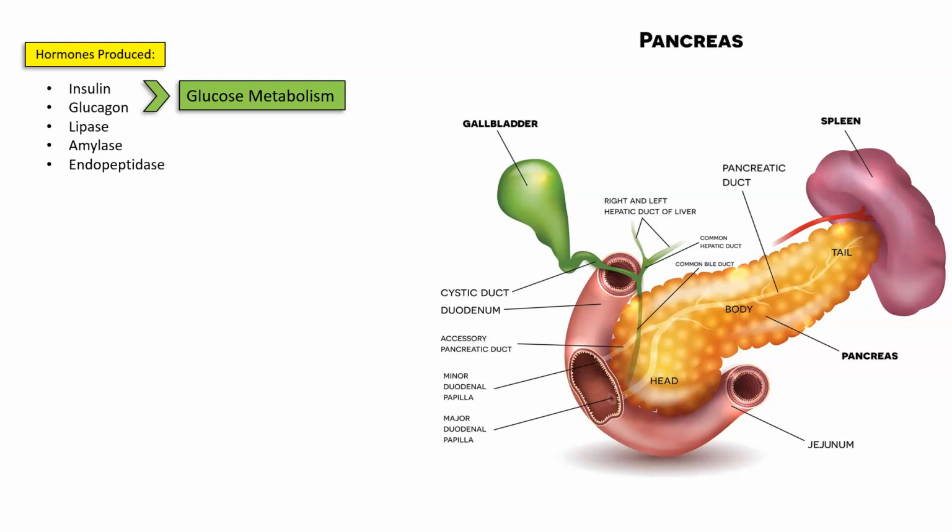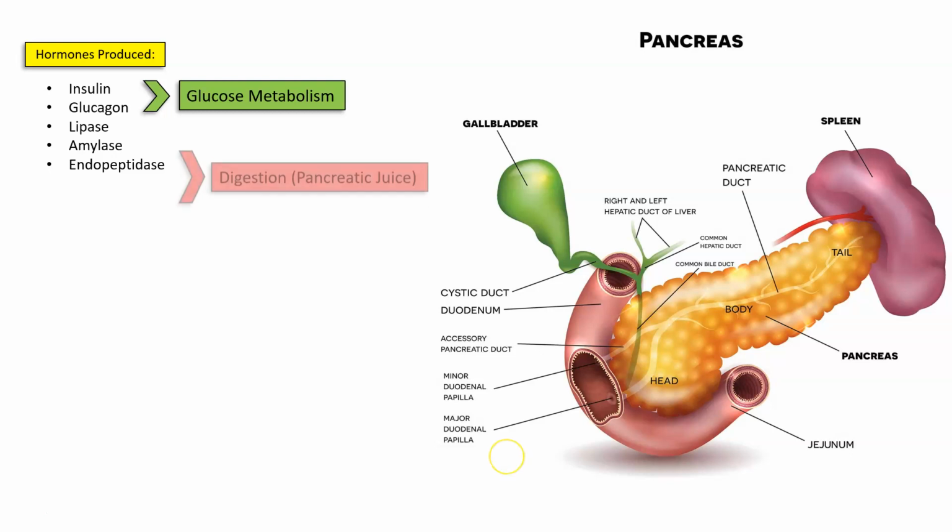And so glucagon would be the exact opposite of insulin. Insulin causes blood sugar to be absorbed and stored in the liver. Glucagon is a hormone that is going to be released in times of fasting when blood glucose is low, and is going to result in glycogen being broken down in the liver and sugar being released in the form of glucose back into the blood, so that the cells constantly have a good supply of glucose.